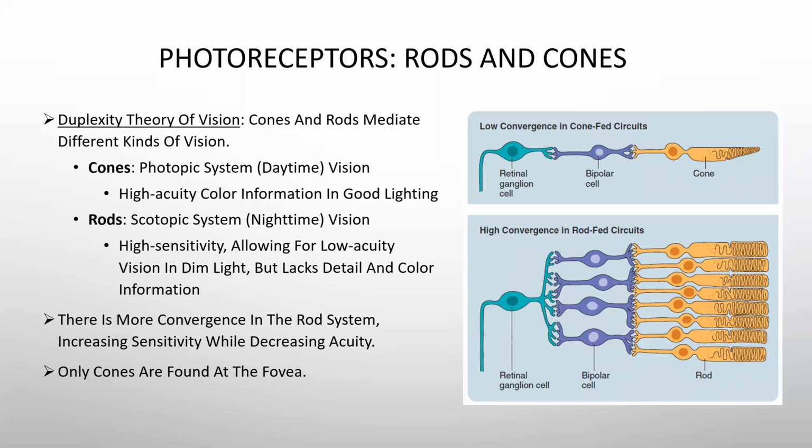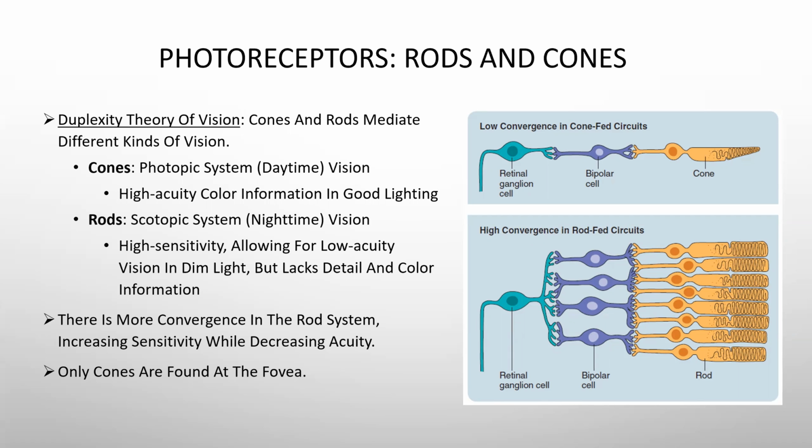Let's talk a little bit more about just the rods and cones. The duplexity theory of vision means that there are two different types of cells, cones and rods. Cones are what we refer to as the photopic system. They're used for daytime vision, very high acuity and color.